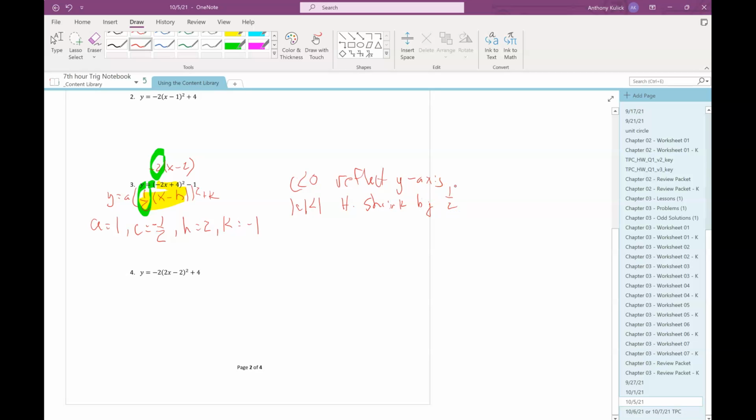Since the A is 1, there's no reflection or stretch or shrink. Since the H is positive, we're going to be going right that many units. And because the K is negative, we're going to be going down that many units. And that's all she wrote for that.